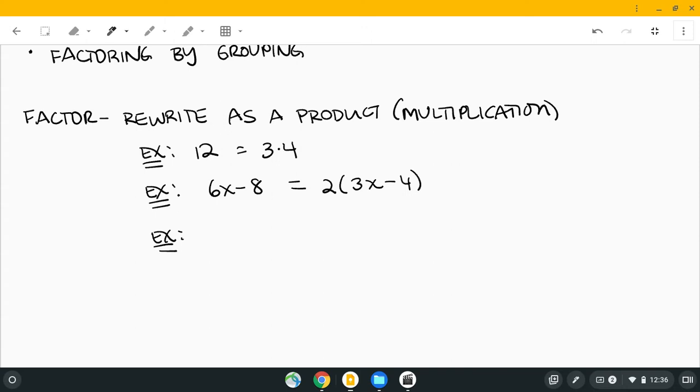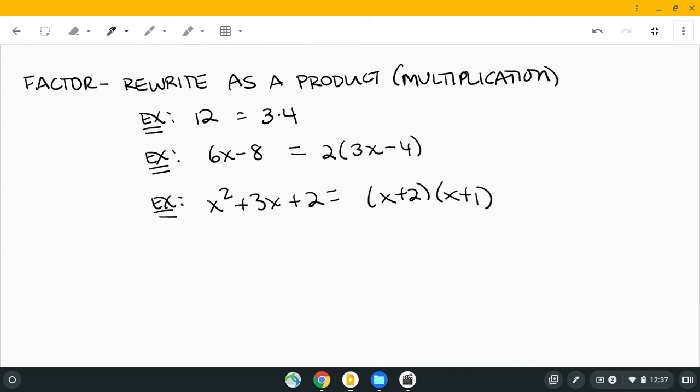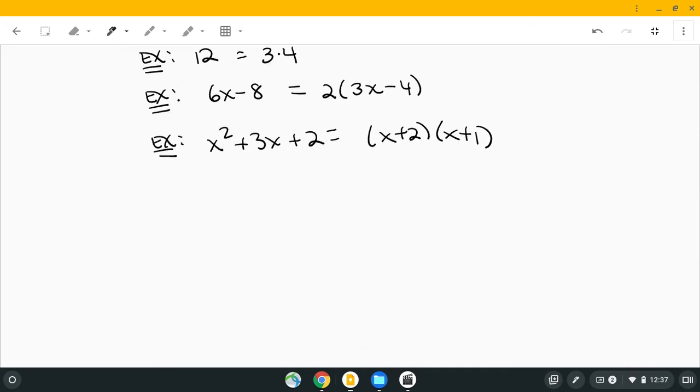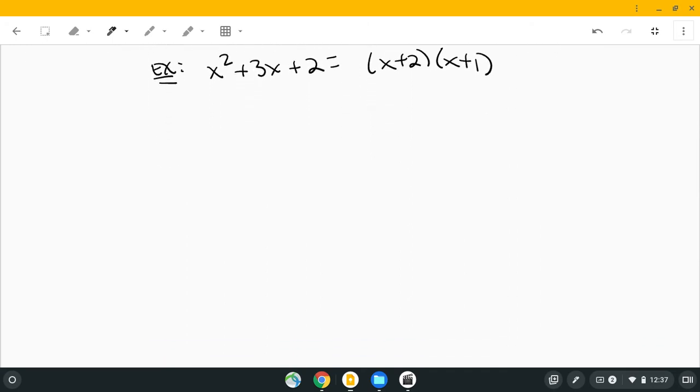Or maybe you have something like x squared plus 3x plus 2, and you can rewrite this sum of 3 terms as a product, x plus 2 times x plus 1. Okay, and we'll take a look at how I'm getting these answers. If you're wondering how she got that, don't worry, we are getting there.